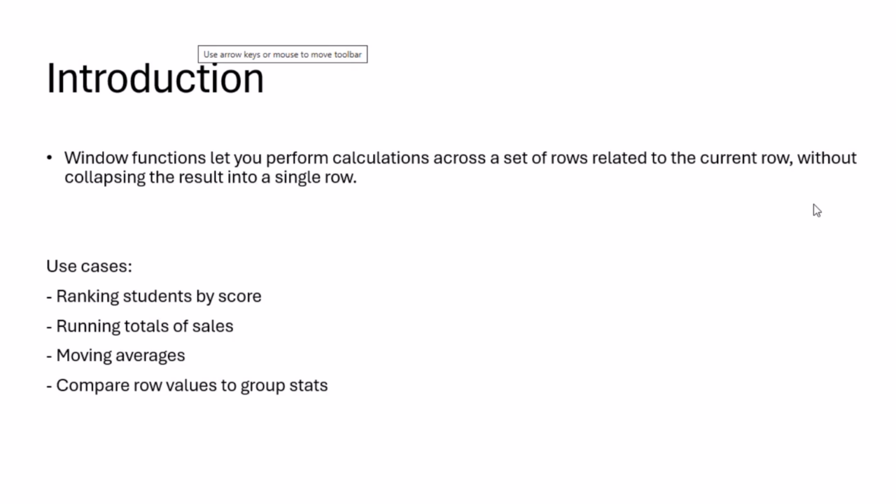For example, let's say you want to compare the salaries of people in a particular department to the average salary of that department. Yeah, so that's the meaning of that last expression: they compare row values to group stats.